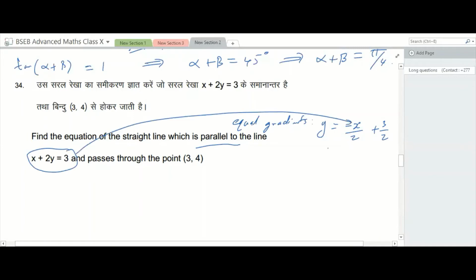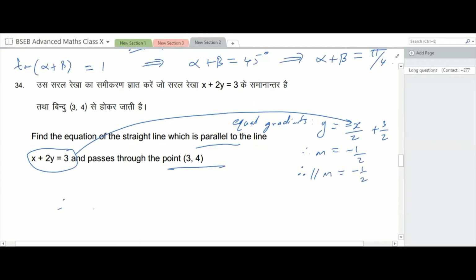Therefore, m is equal to minus half. Therefore, parallel gradient is also equal to minus half. And we have a point here, 3, 4.